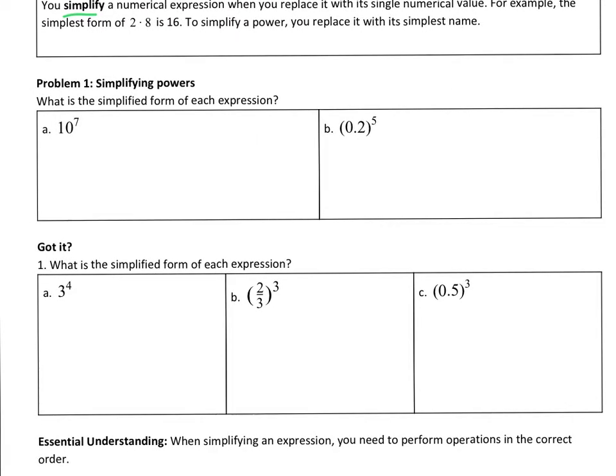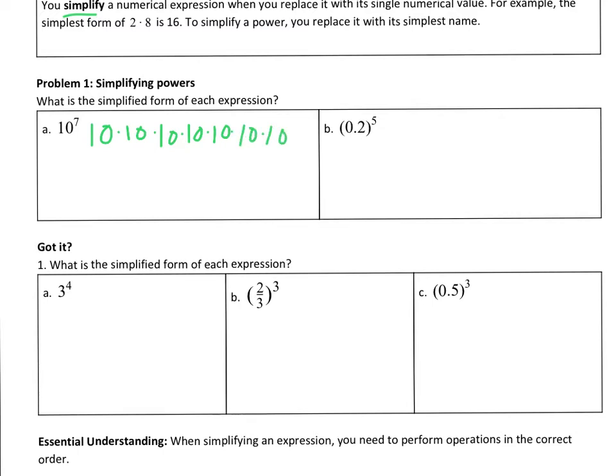So for our first example today, we're just simplifying expressions that are made up of powers. So 10 to the 7th power, I can rewrite this two ways. I just want to show this to emphasize that repeated multiplication. 1, 2, 3, 4, 5, 6, 7.